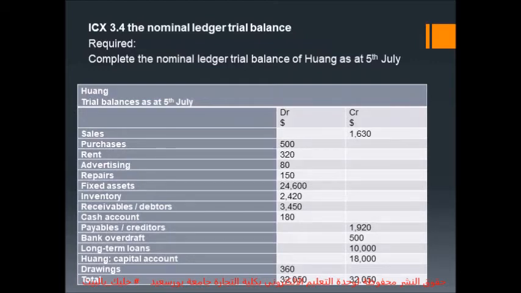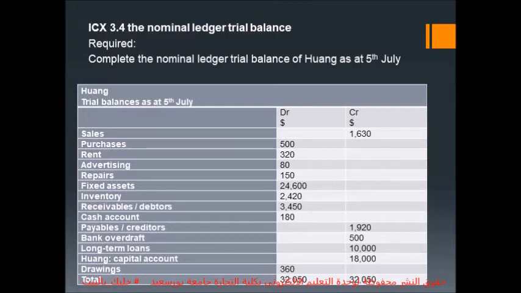Example 3.4. The nominal ledger trial balance. Required, complete the nominal ledger trial balance of each as at 5th July. So, applying the double entry bookkeeping principle, we require that all transactions require both debit and credit entries of equal value.